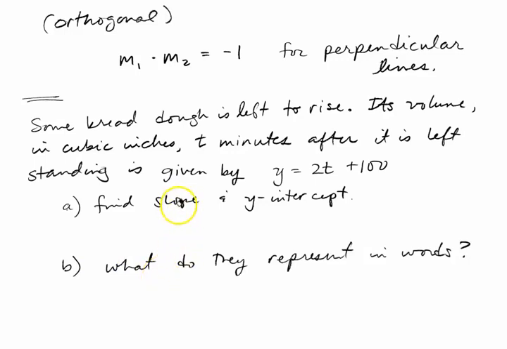What does the slope represent in words? It has a value. The y-intercept has a value, but what do those represent in words? Somebody said, well, you're saying the y-intercept is 50. Okay, I'll agree, I guess. But what does it mean? What does that mean? Take a minute, see if you can think through that.